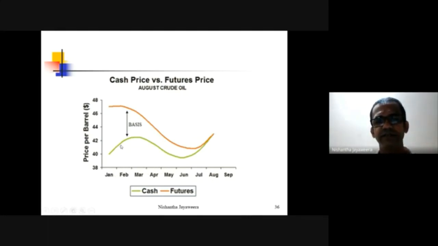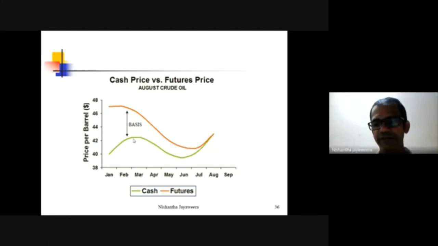So in this chart, this is the cash price and this is the futures price. Whether the basis is positive or negative, here the futures price is higher than the cash price, then the basis is negative.